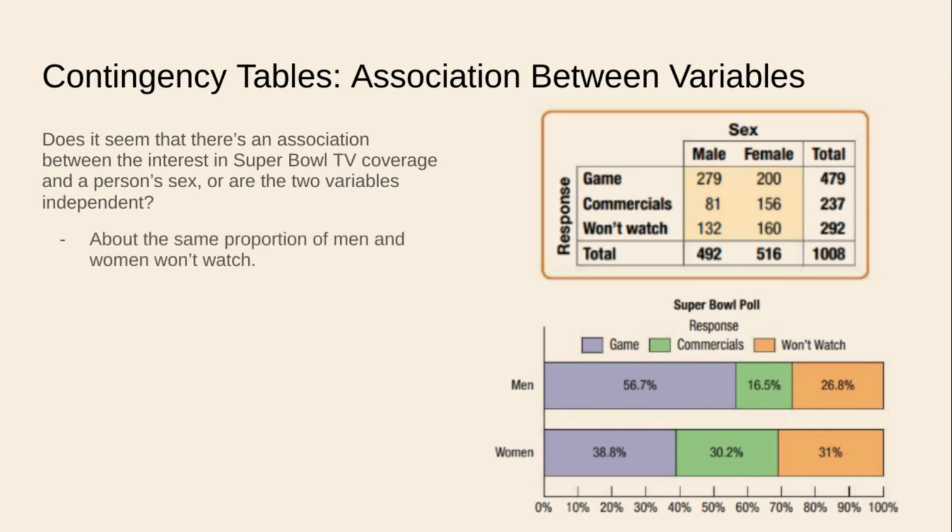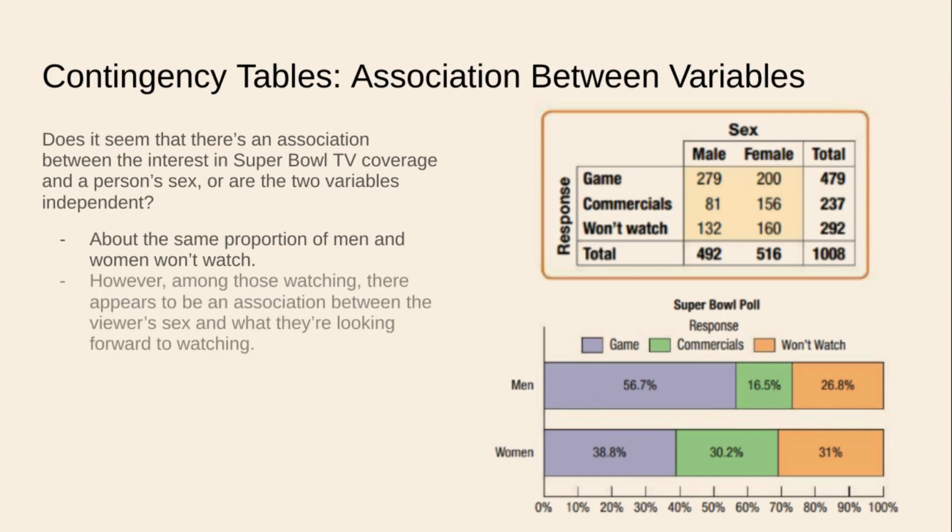So let's break it down. About the same proportion of men and women won't watch. Ho-hum. However, among those watching, there appears to be an association. That's the opposite of independence. Independence says it doesn't matter, the proportion's going to remain the same. Association says no, it does depend on who you ask.